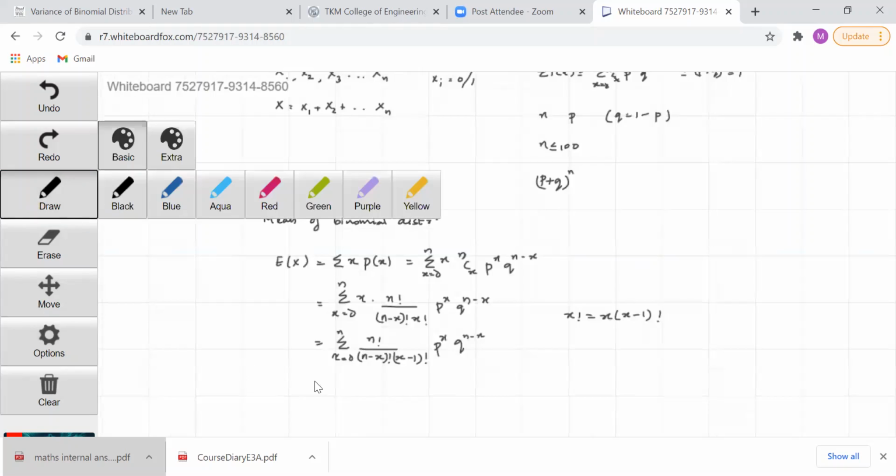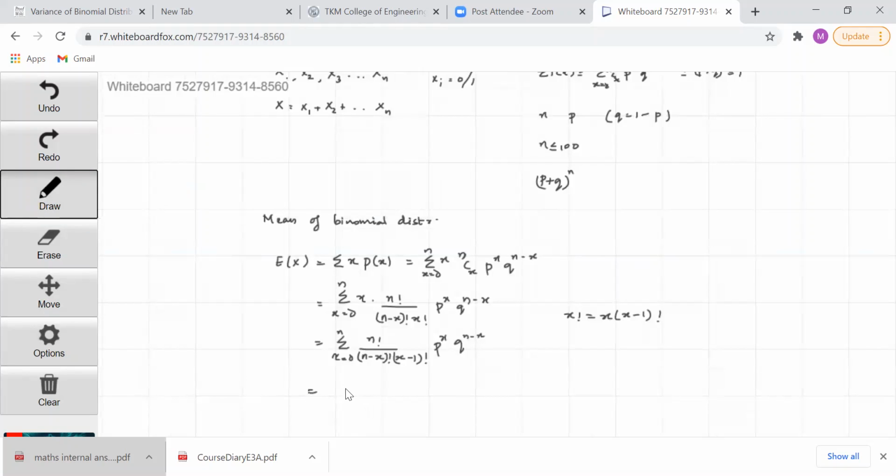Now this is equal to summation x equal to 0 to n. I'm writing n factorial as n into n minus 1 factorial, divided by n minus x factorial into x minus 1 factorial, into p raised to x minus 1 q raised to n minus x.